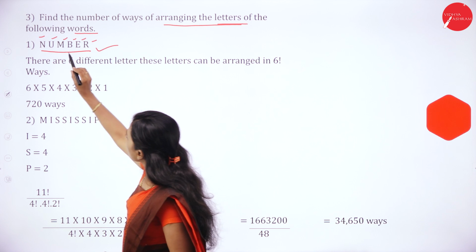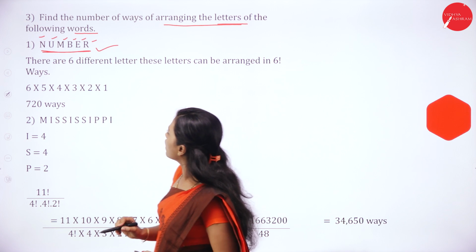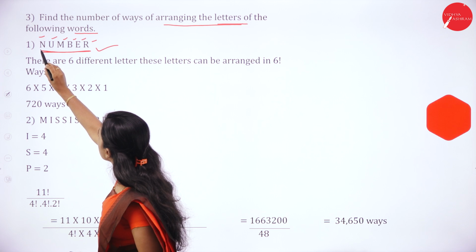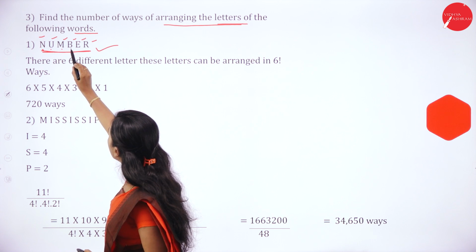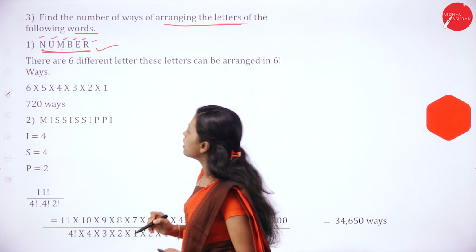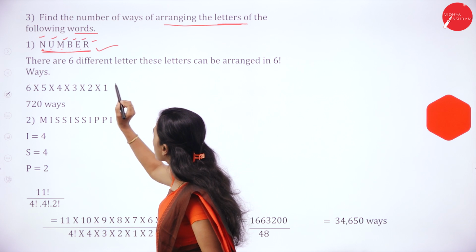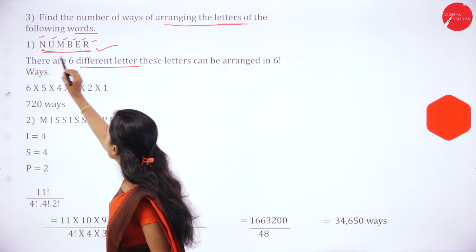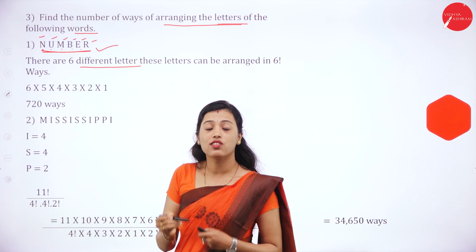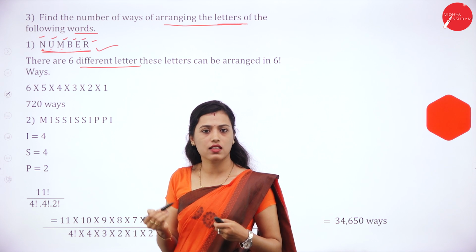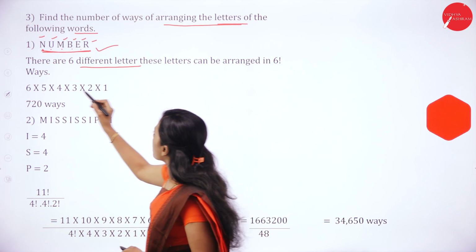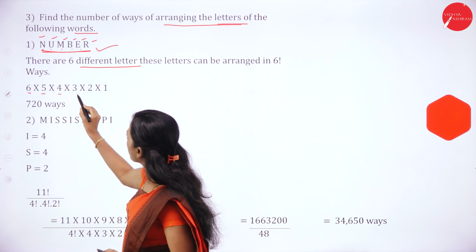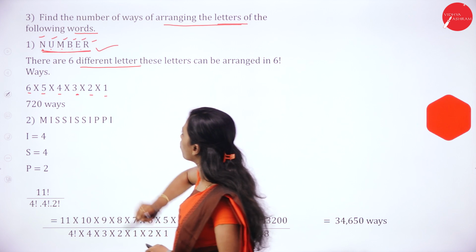See here, in this word we have six letters: 1, 2, 3, 4, 5, 6. So there are 6 different letters in this word. So we can arrange in factorial 6 ways. So factorial 6 means 6 into 5 into 4 into 3 into 2 into 1.